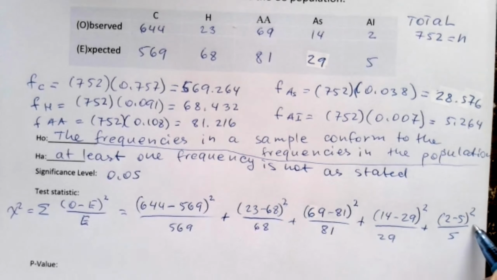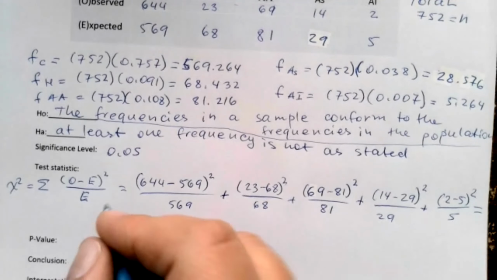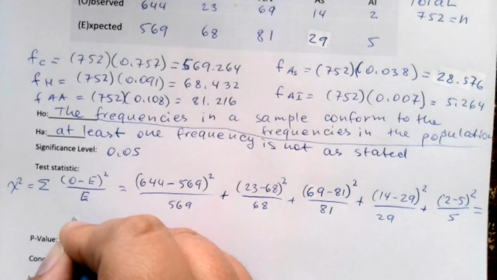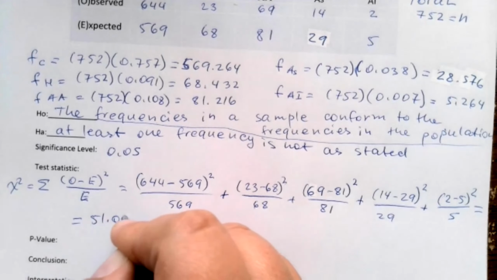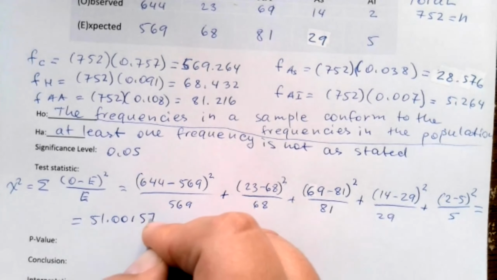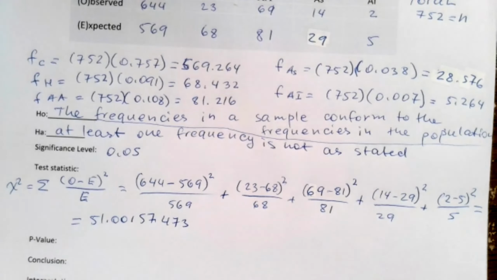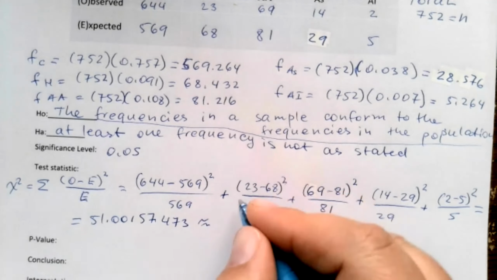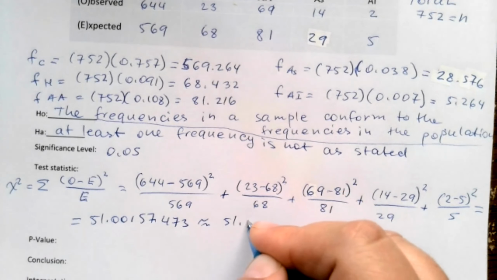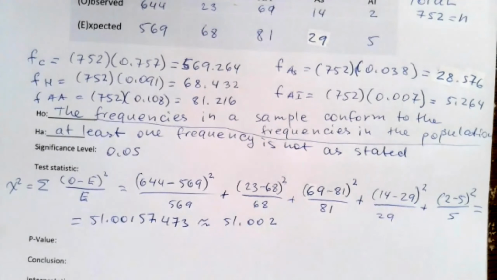And after we put this whole thing into a calculator, we're going to get 51.00157473. I'm going to round this value to 3 decimals. So 51.002 is my test statistic.